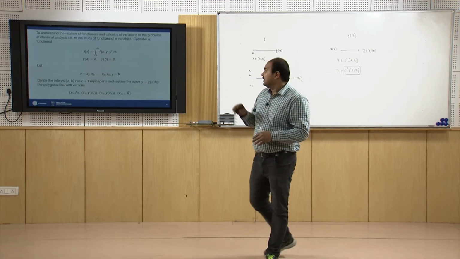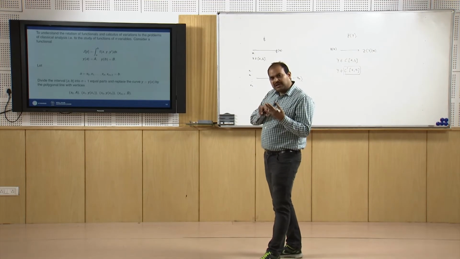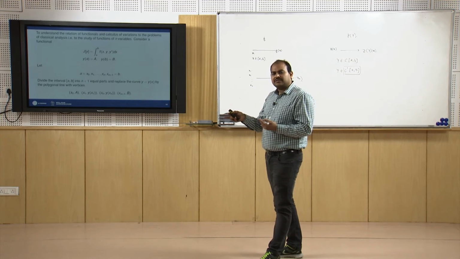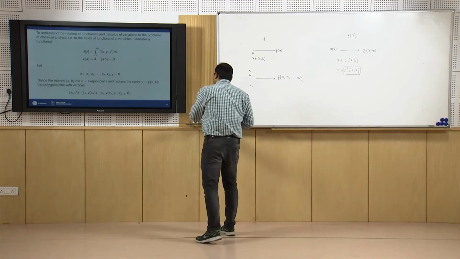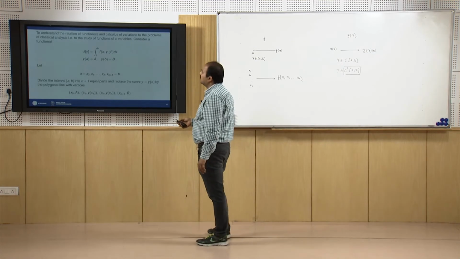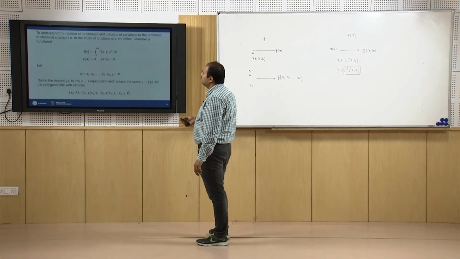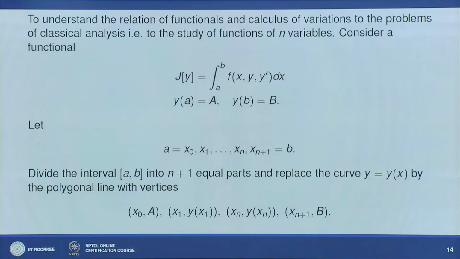So we try to see how functionals and calculus of variations are related to those corresponding terms. Consider this functional J of y, defined as the integral from a to b of f of x, y, y dash, dx. Here y dash is dy by dx, and this function y satisfies the condition that y of a equals a and y of b equals b.